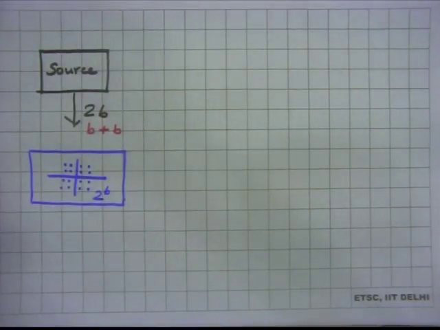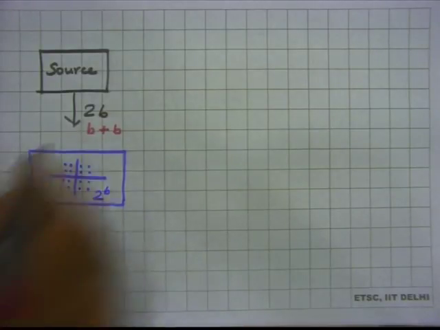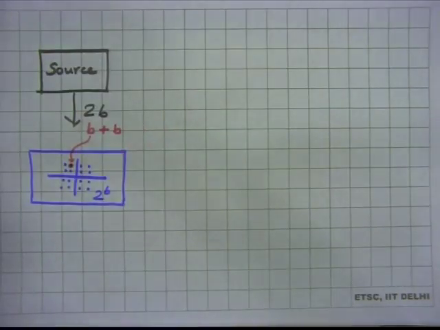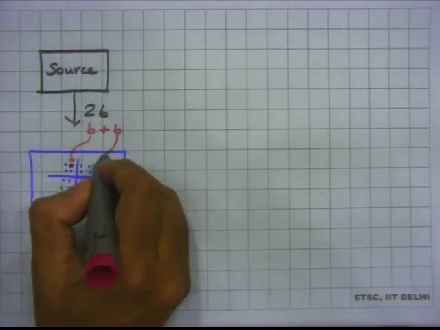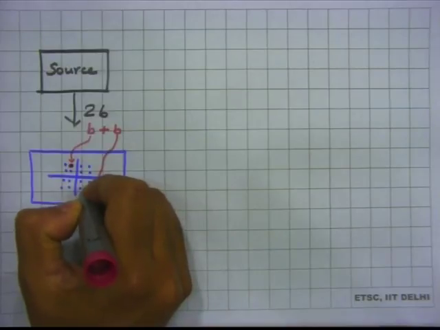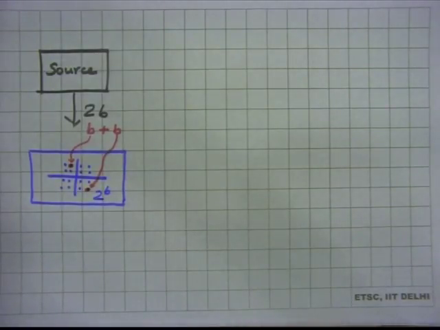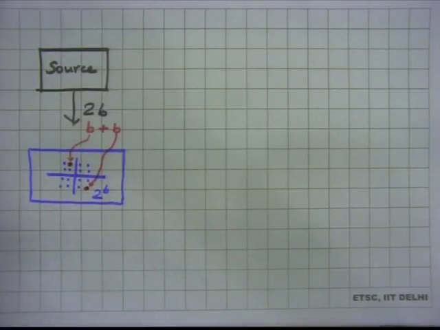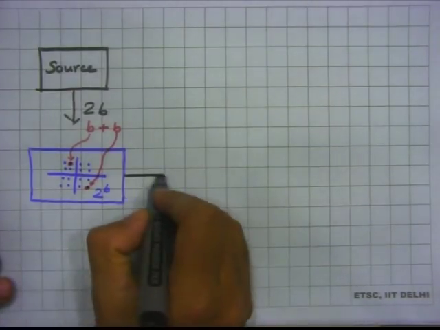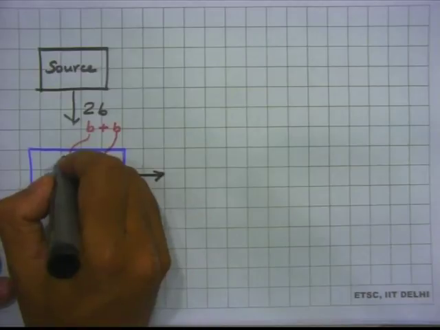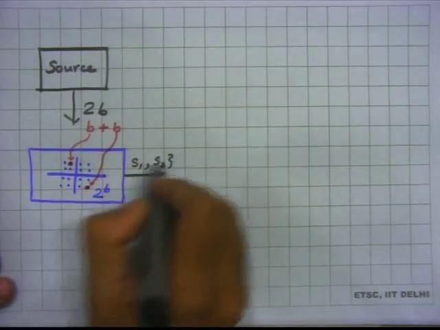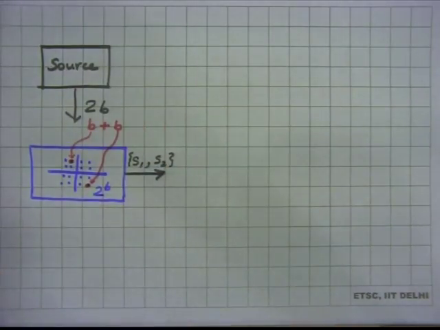So, for the first b, I will go ahead and pick any one point, and for the second b, I will go ahead and pick another point, because b bits will correspond to any one of the points in the constellation diagram. And once we pick up these 2 points, then we say that this is your S1 and this one is your S2. So, we have an S1 S2 pair.